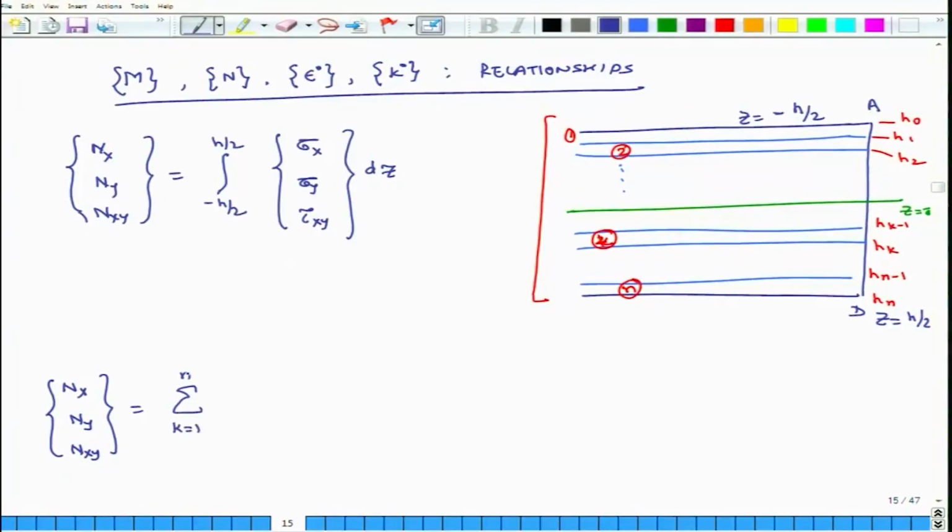If there are n layers, I do n additions, k equals 1 to n, and within each layer I integrate. Let us say I am integrating for the kth layer, from hk minus 1 to hk.